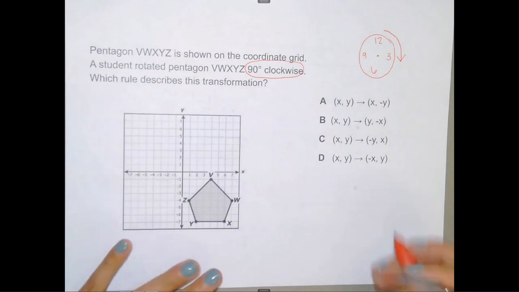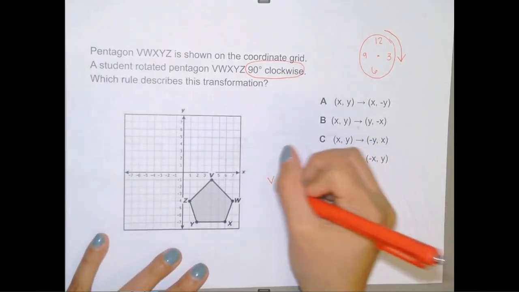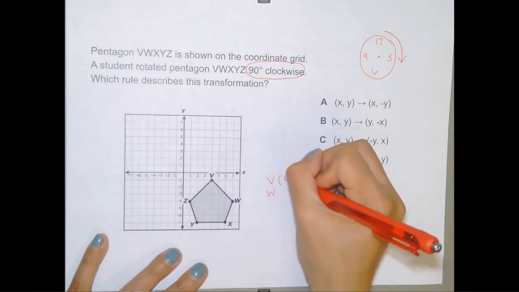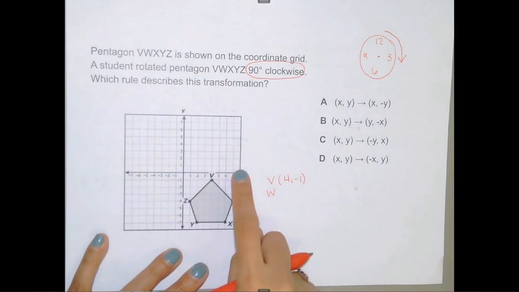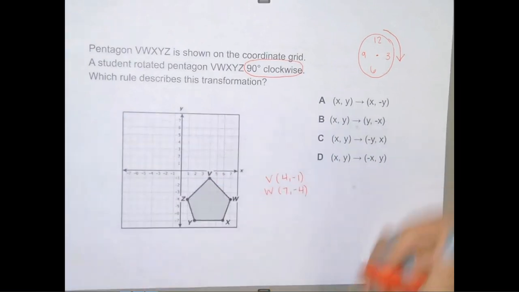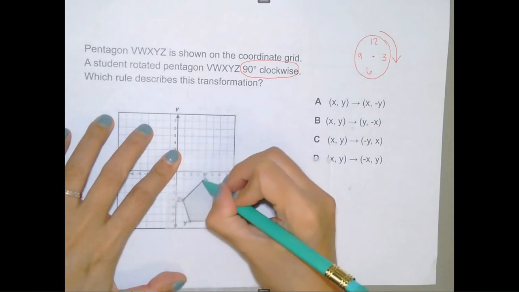So right now I'm going to write down 2 coordinates because I want to go ahead and compare. So V and W. V is located at 4, -1. And the coordinate for W is 7, -4. So now that I've written down the coordinates, I'm going to take my patty paper and I'm going to trace my shape.